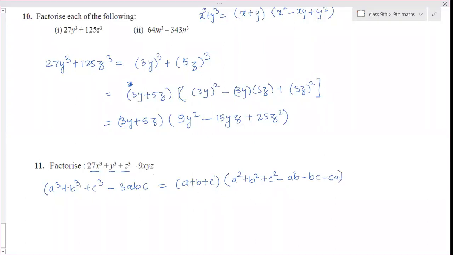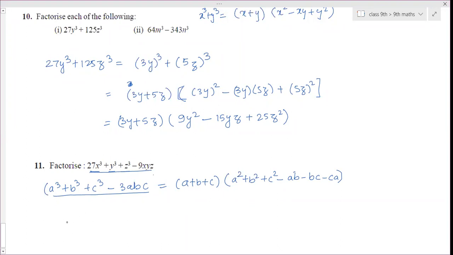Now the given polynomial is in this form. We can compare it. You always have to compare to find out which identity to use. So a cube plus b cube plus c cube minus 3abc form is this.